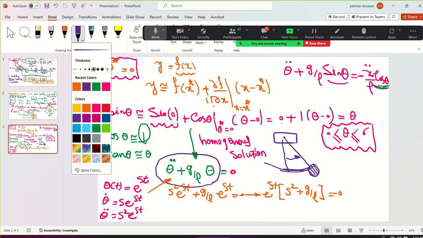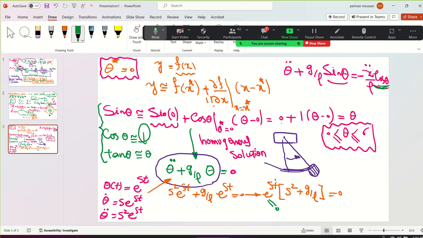Fundamental question, which I taught in the vibration class last semester: can this exponential term be 0? No, because if it is 0, your solution is the trivial solution of 0. This is ridiculous. It cannot be 0 logically because it is your solution.